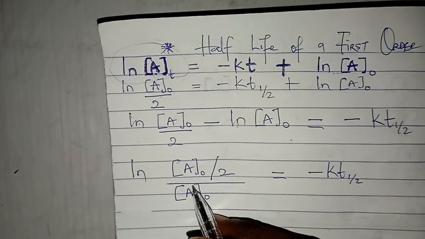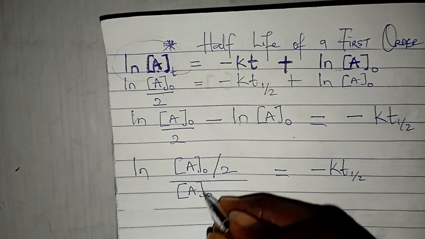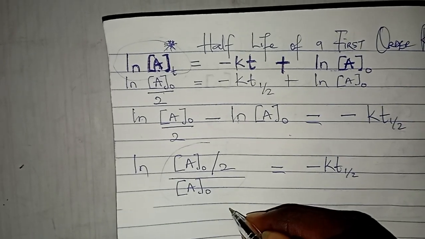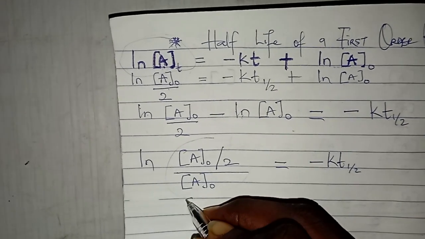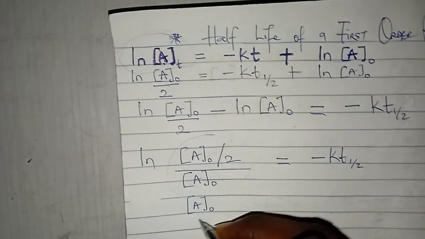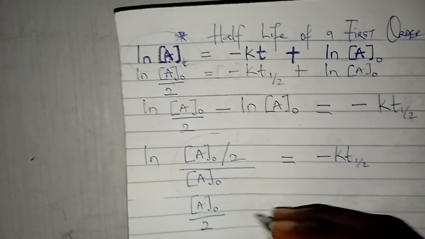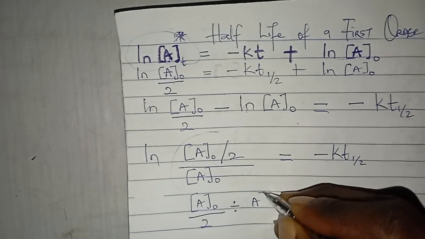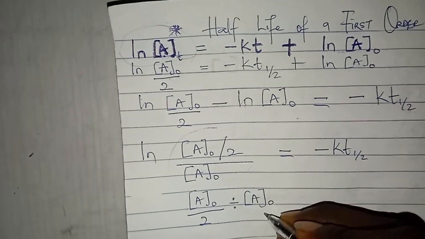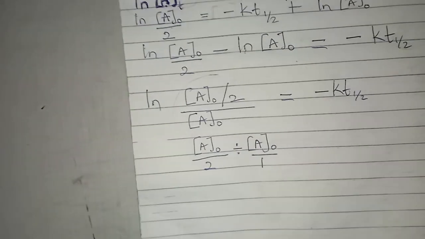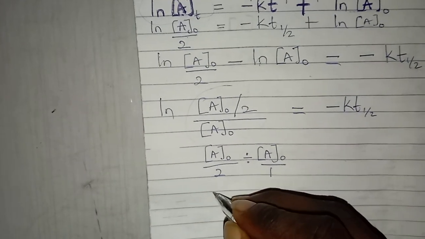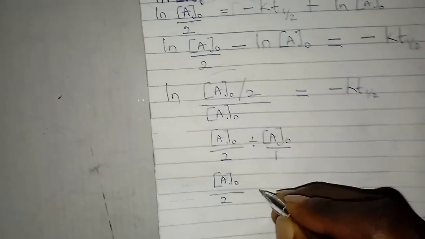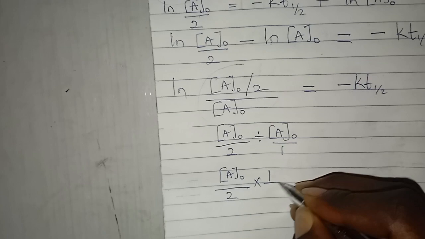So let's analyze this whole expression. You agree with me that this is saying I have A naught over 2, then divided by A naught over 1, which means this is A initial concentration over 2 times 1 over A naught.